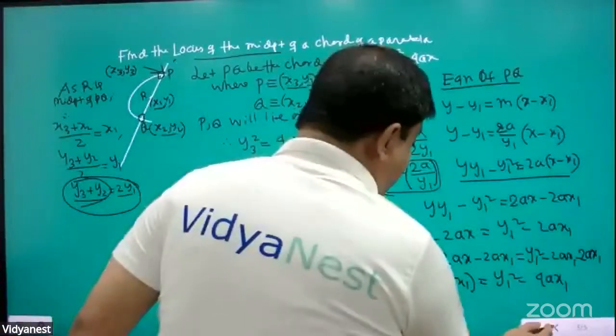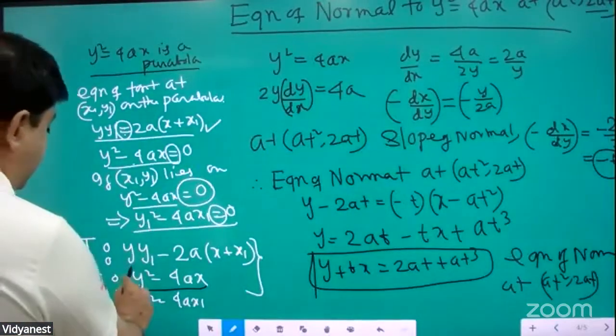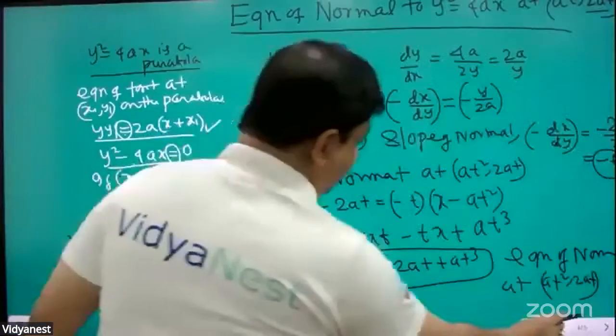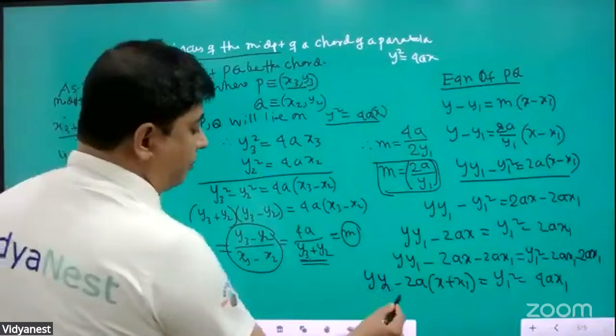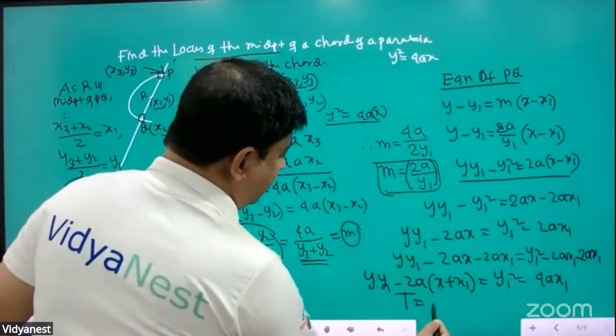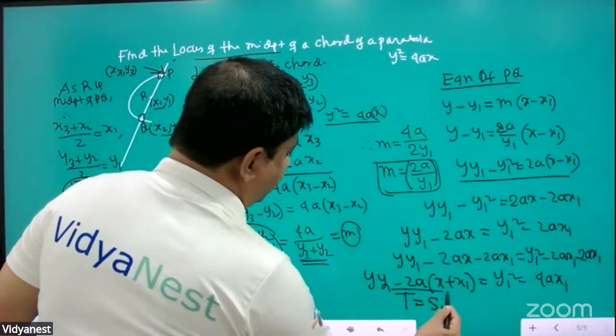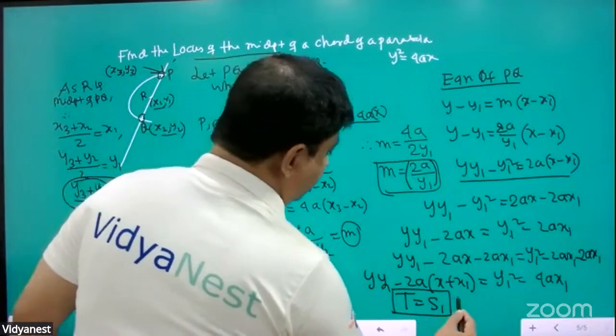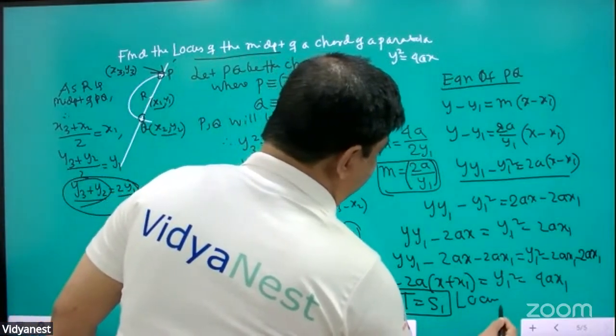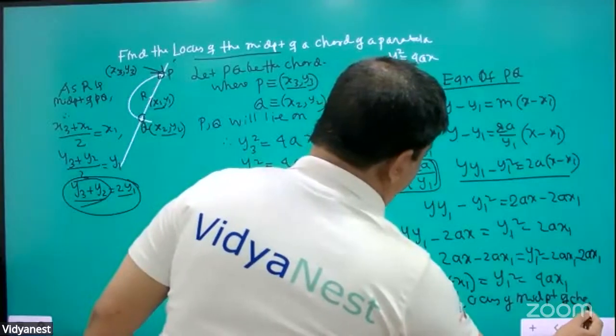Okay, so what conclusion can I draw? See, this is T, that was S1. What exactly have we got? T is equal to S1, that is the locus of the midpoint of a chord.